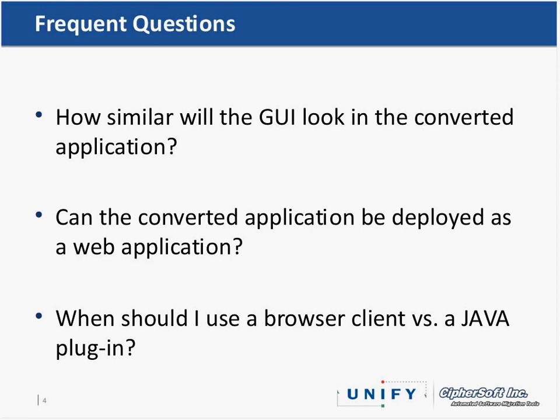So what you see now on the slide, these are the frequent questions asked by our Oracle Forms customers. And customers that have chosen the conversion option are looking to reduce development and deployment costs by consolidating their technology platforms. And many have chosen Java as the primary platform, especially those of you that are invested in the Oracle stack.